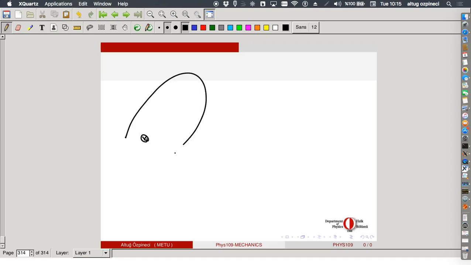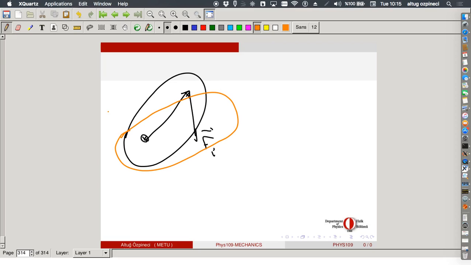This is my rigid object. Initially, there is a force over here. Let's say it's constant. At the next instant, it would rotate slightly. That point is now somewhere over here. So this is the displacement vector of that point.